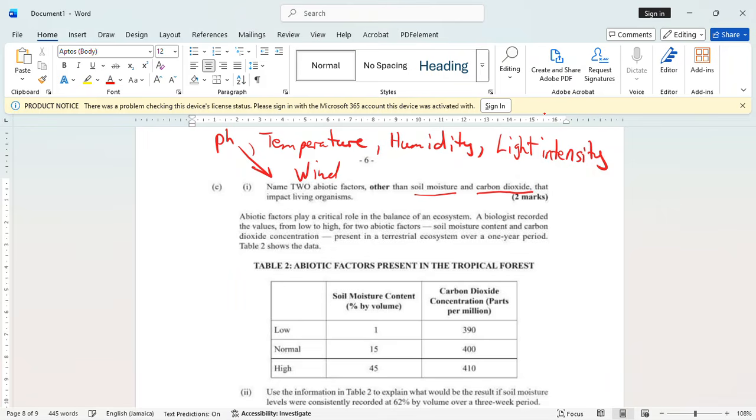Even wind speed and salinity. Yeah, nutrients.